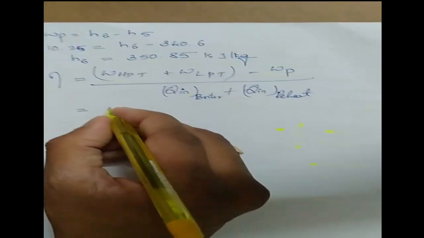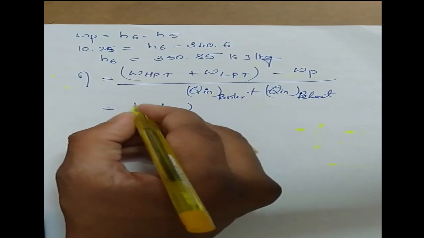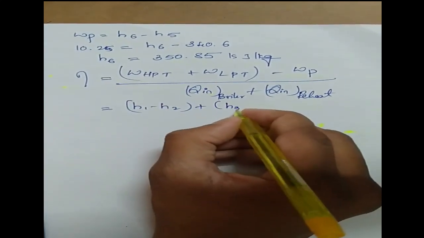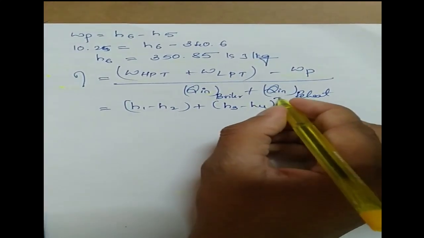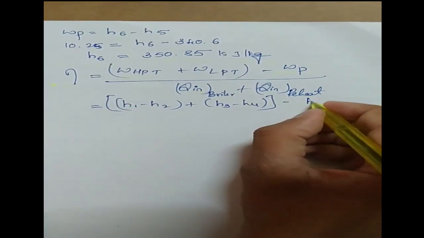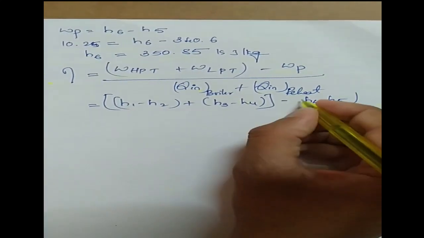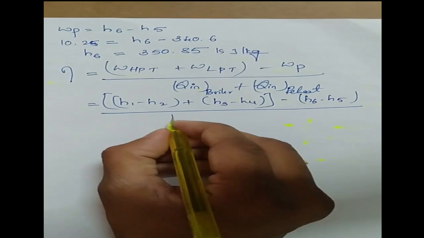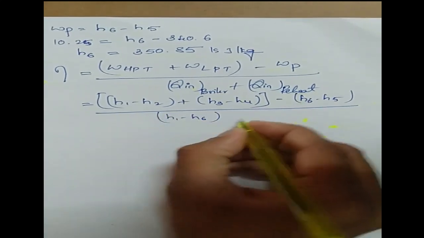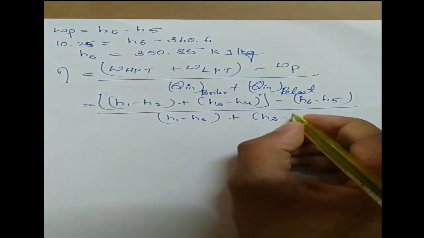So what is the work done by turbine? H1 minus H2 plus H3 minus H4, minus H6 minus H5, divided by H1 minus H6 plus H3 minus H2.